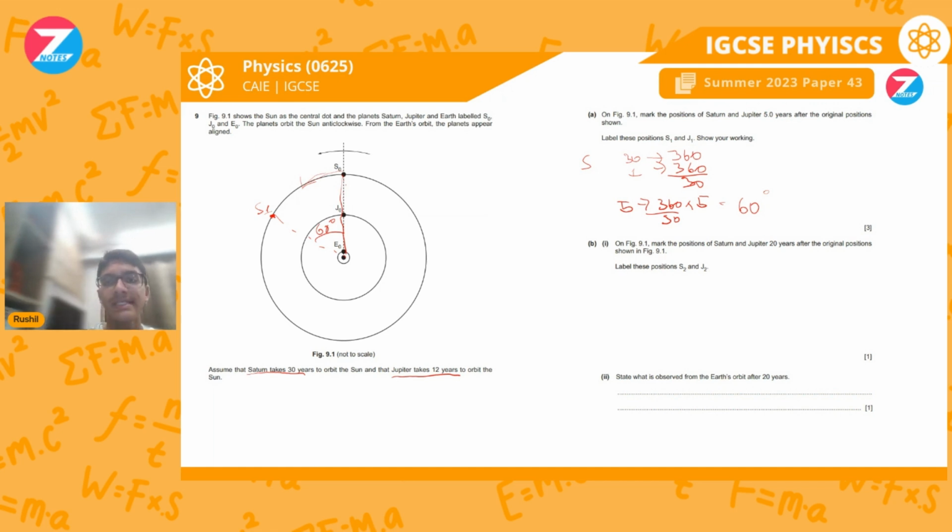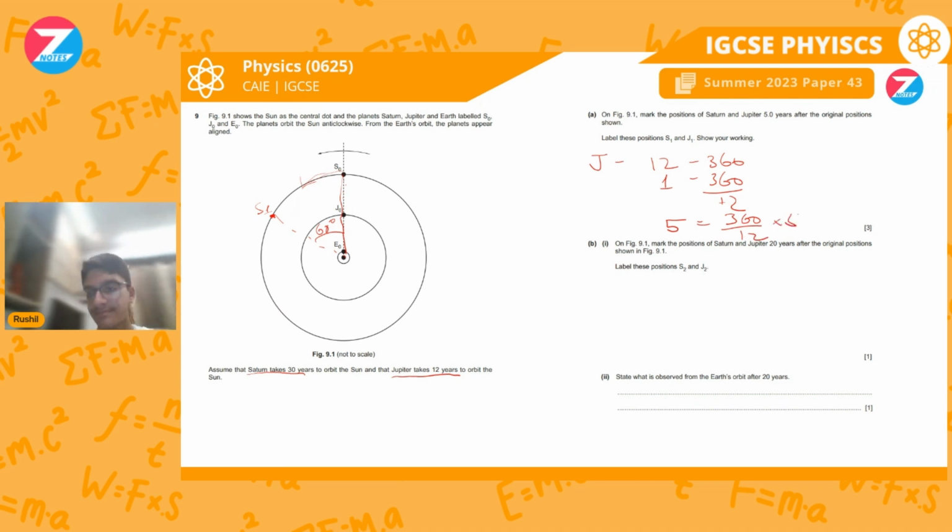Now we have to do the same thing for Jupiter. In 12 years, Jupiter moves 360 degrees. So in 1 year, it'll move 360 by 12. Thus in 5 years, it's going to move 360 by 12 into 5, which is 150 degrees. So again, we use our protractor.